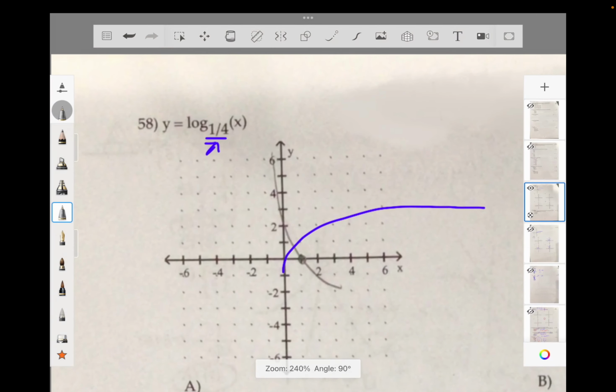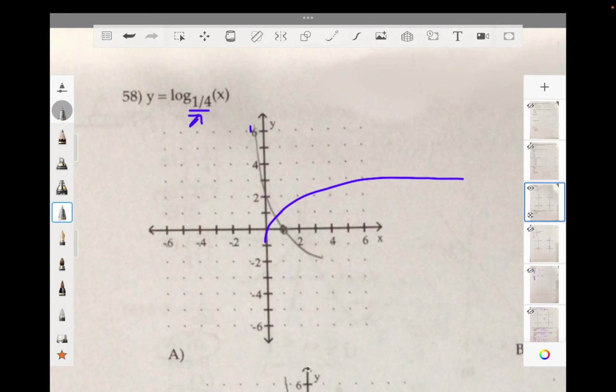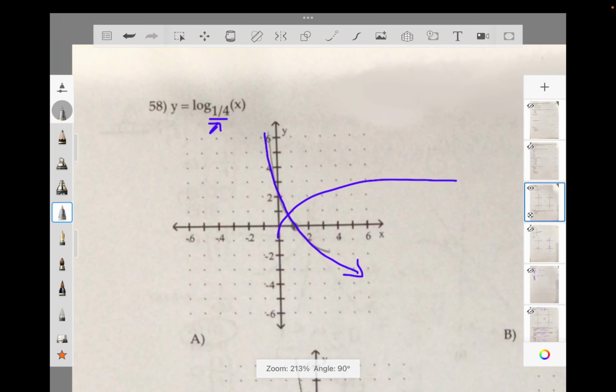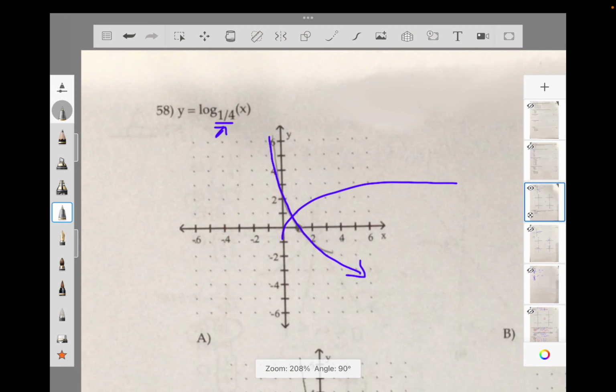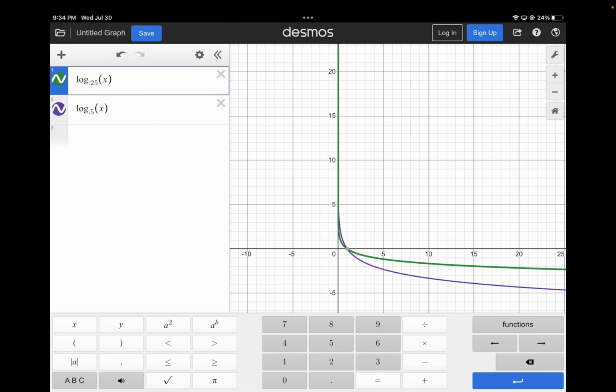If the base number is less than 1, so if you have a fraction, it's going to be going downward. If it's above 1 but it's negative, it's going to look like this one. Same thing if it's below 1 and it's negative, it's going to look like this one, right? So if I come back here and put a negative in front of it, it's probably going to flip over the x-axis. Bam. Like it's the green graph. So if I put a negative in front of it, it flips over the x-axis.